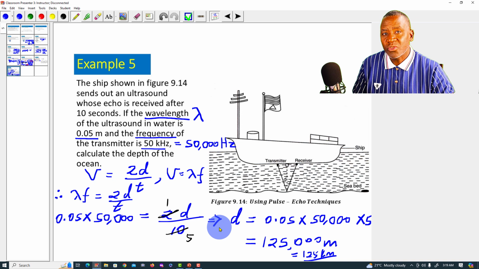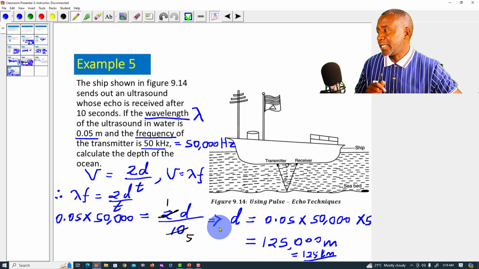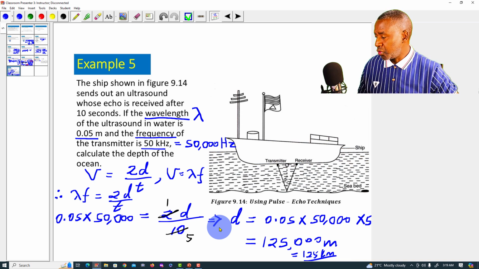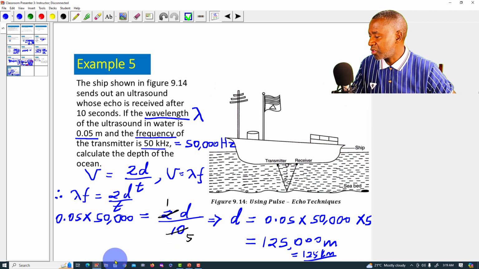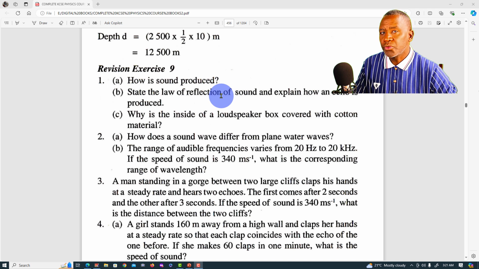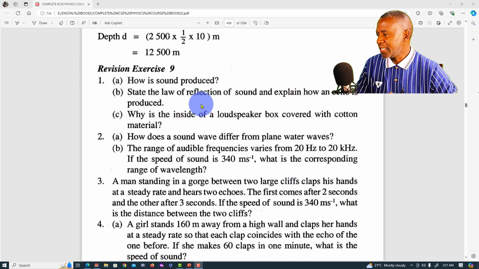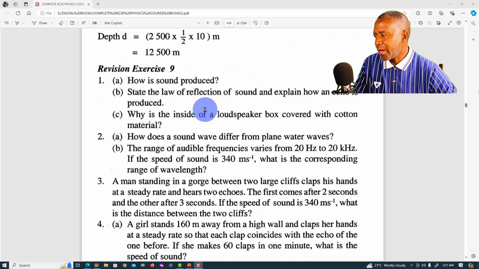And that brings us to the end of this particular lesson, where we are looking at examples in the topic sound, and we are looking at calculations. I'd like you to go now to your course book. Let me just open the course book. I'd like you to go to the revision exercise and look at the questions which involve calculations.